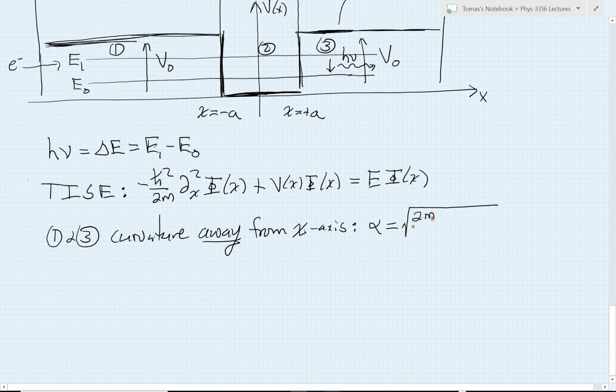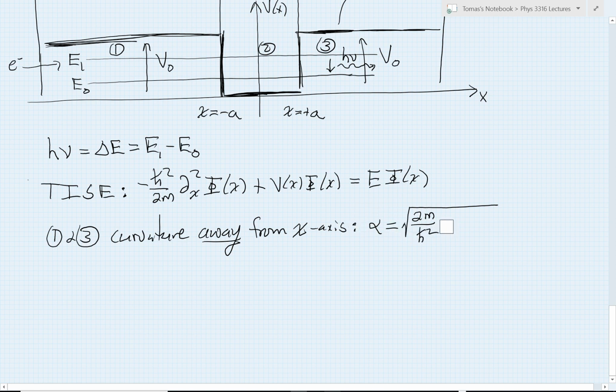We always have the square root of 2m over h bar squared as the prefactor. It then multiplies the difference between the potential and the energy, and the order we write it in is so that we always get a nice positive number for taking our square root, because we've already accounted for which are imaginary or real by saying these are either exponential functions or oscillatory functions.